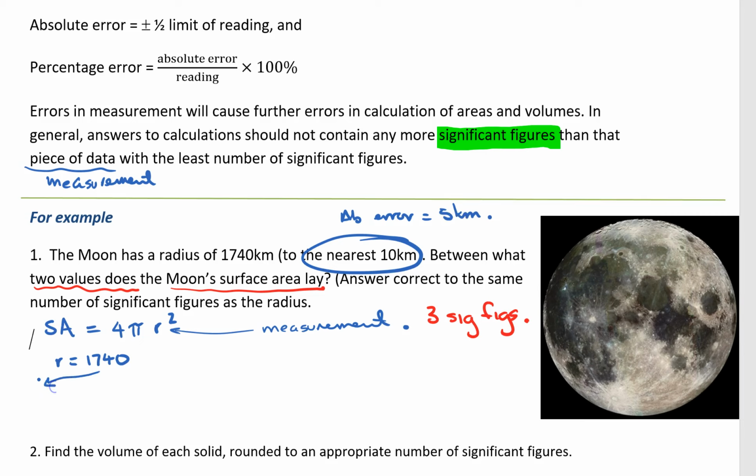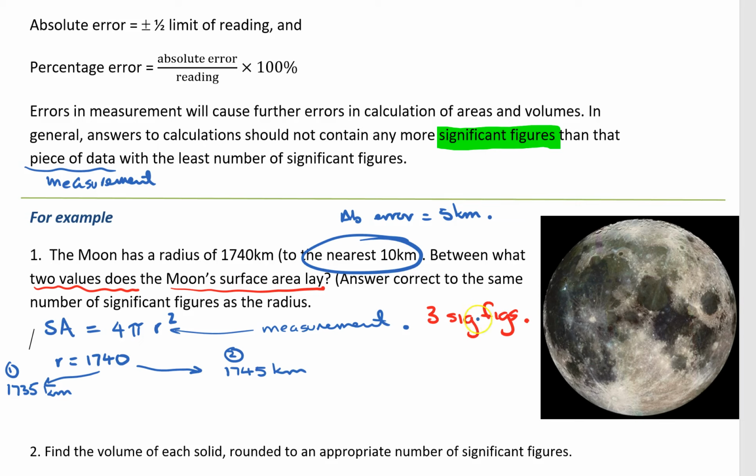That radius could be as small as, take 5 off, 1735 kilometres, and I will use that to calculate the smallest the surface area could be, or the radius could actually be 1745 kilometres, and I'll use that to calculate the greatest the surface area could be.